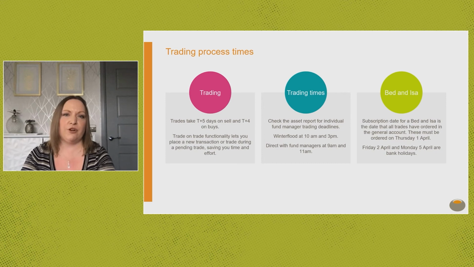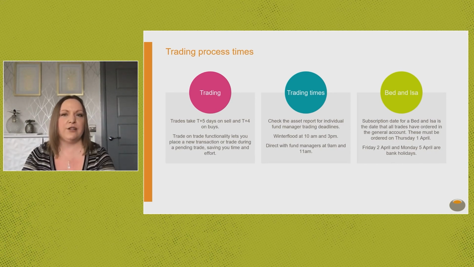So, trade processing times. When you place trades on platforms, they run through a cycle that typically takes trade plus 5 working days to sell and trade plus 4 working days to buy. When you place a sell on the platform, you'll see it move through a trading cycle. It starts off as a waiting order. This is when the trade has been placed, but the order hasn't yet been sent to the fund manager. Awaiting confirmation.